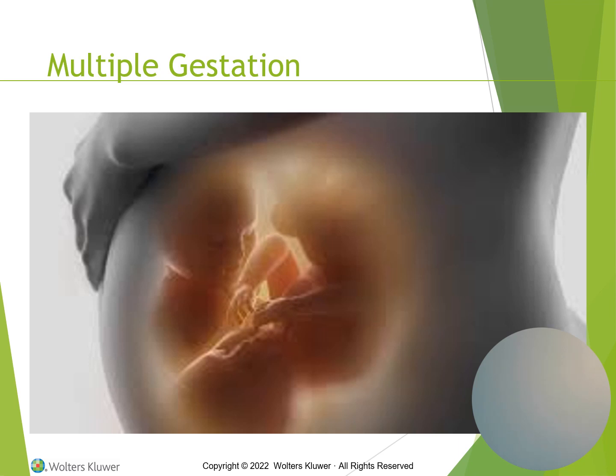Mom has an increased risk for hyperemesis gravidarum, pyelonephritis, preterm labor, placenta previa, preeclampsia, eclampsia, postpartum hemorrhage, and anemia. The fetuses have a risk of being conjoined, having growth restriction, being born prematurely, or having umbilical cord prolapse.